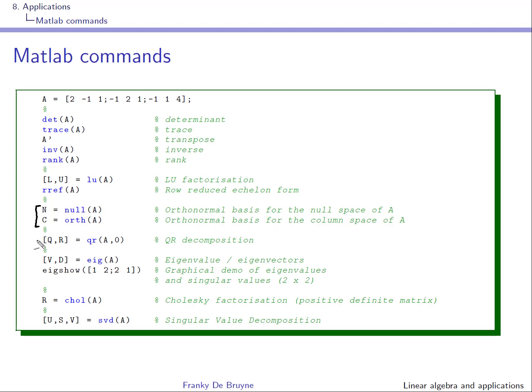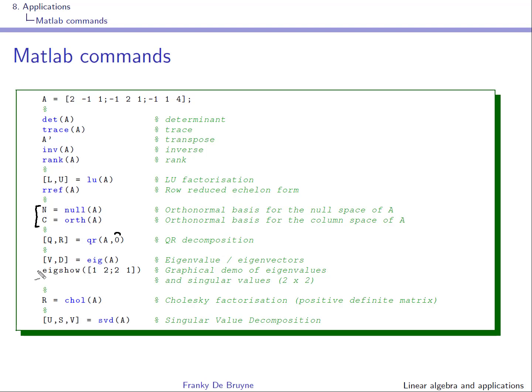I have not introduced, I think, the command for the QR decomposition. It's important to put the 0 over here so that you have the complete information. This I have introduced, the eig command for eigenvalues.